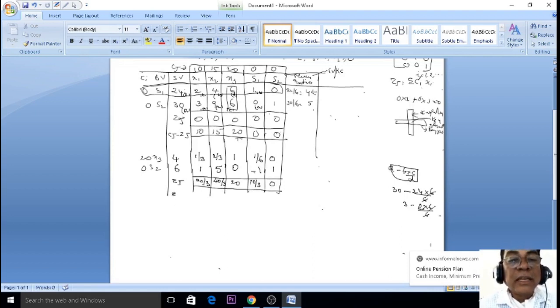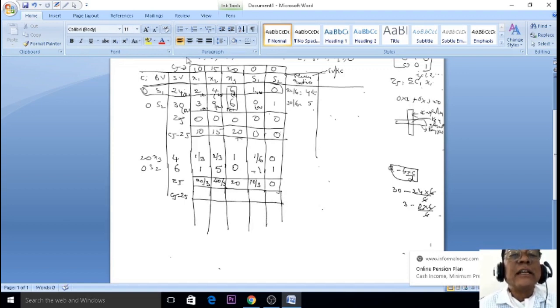Next, Cj minus Zj, same procedure. Come to this point. In the Cj minus Zj, what are the Cj values? The top value is 10.